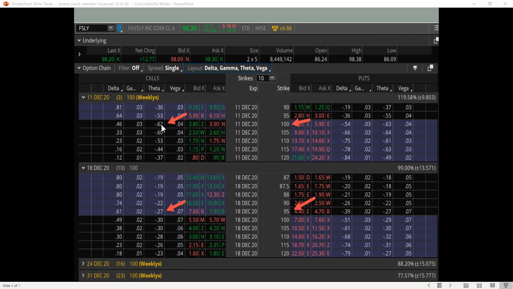So we're getting that differential between the option thetas. That's the other benefit: positive theta differential and positive implied volatility differential. It makes it a great setup to buy the 18 December 95 call and sell the 11 December 100 call, and this is what it looks like.